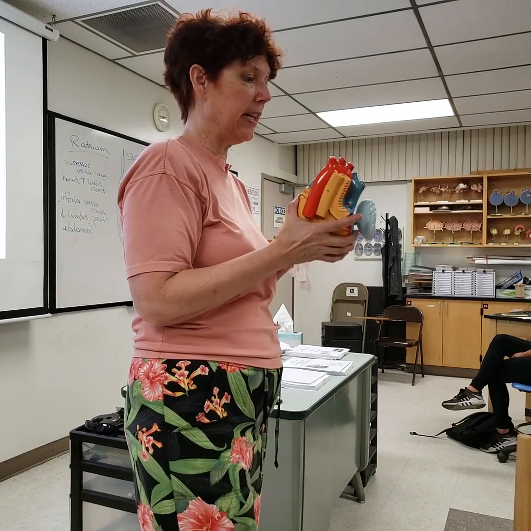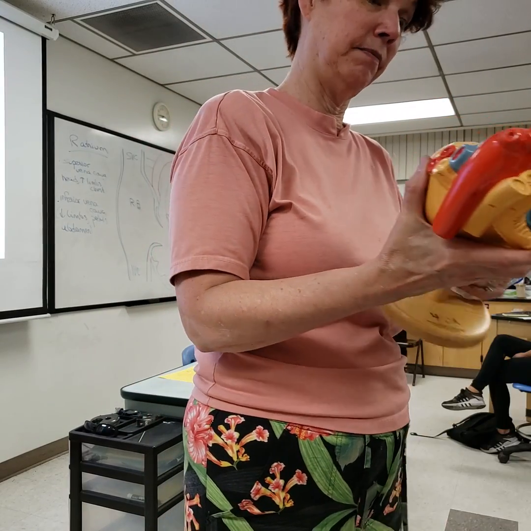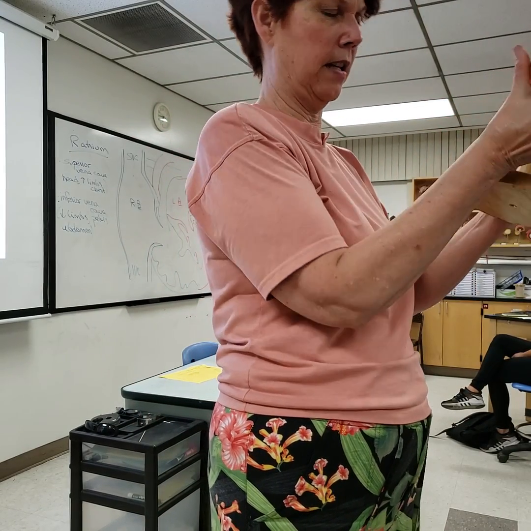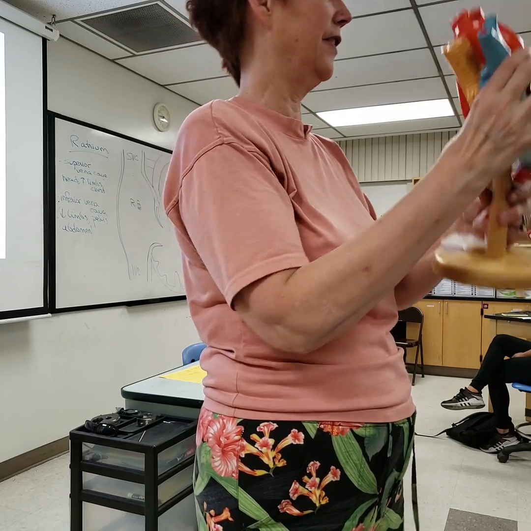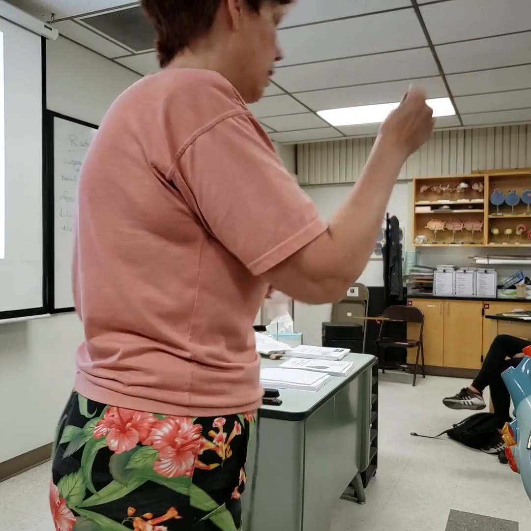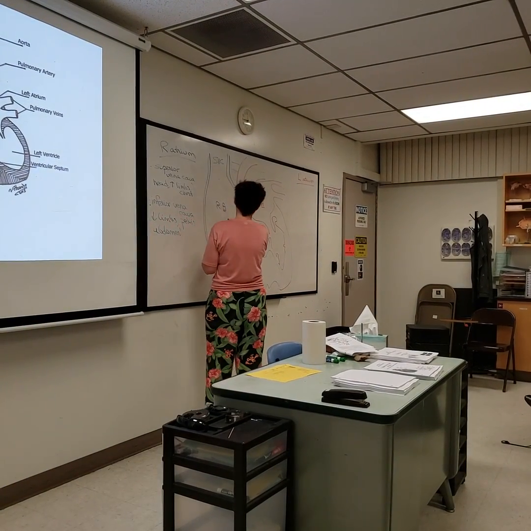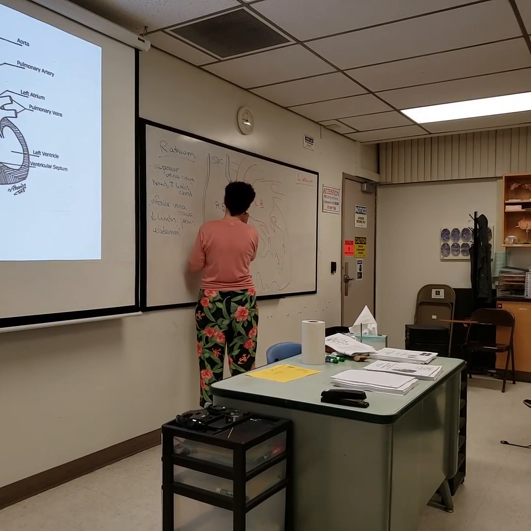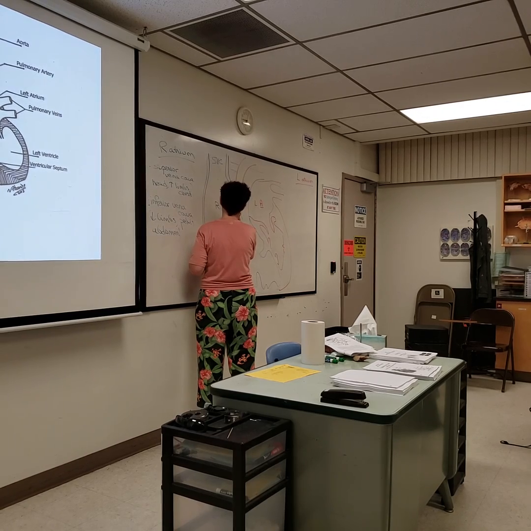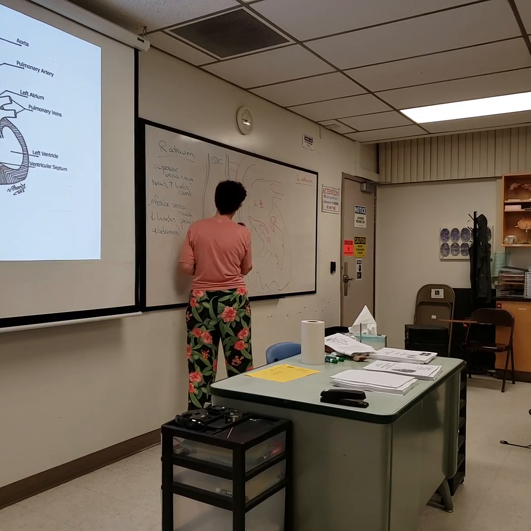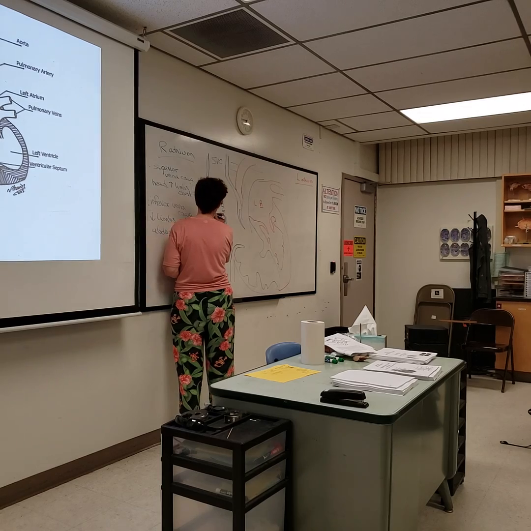So this is carrying venous blood from the heart, because the heart obviously is using up a lot of oxygen, and it has its own special vessel. So this is going to come in right about here. And that is known as the coronary sinus.